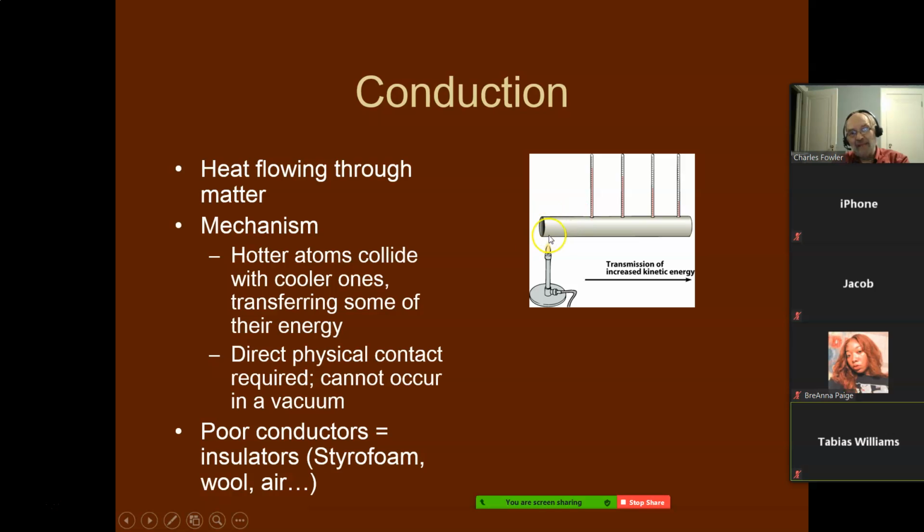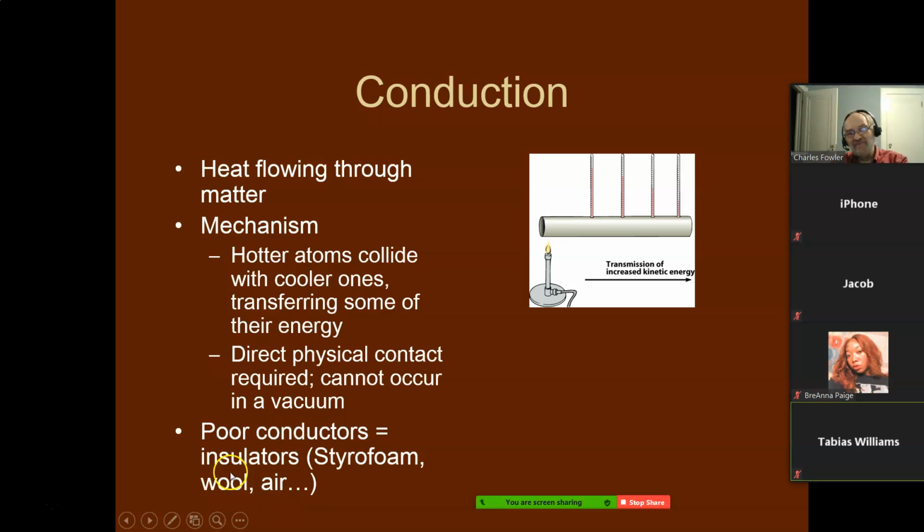If this was a plastic tube, that's going to take forever for that to get warm on this end based on that end, because plastics are great big molecules. Styrofoam, great big molecules. Wool, kind of a big molecule.